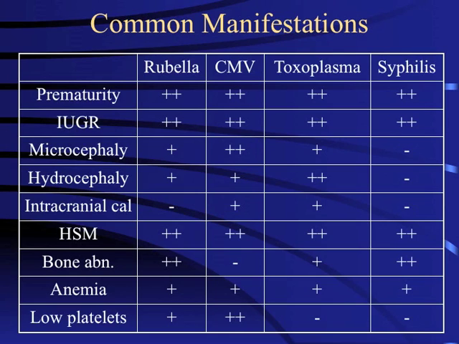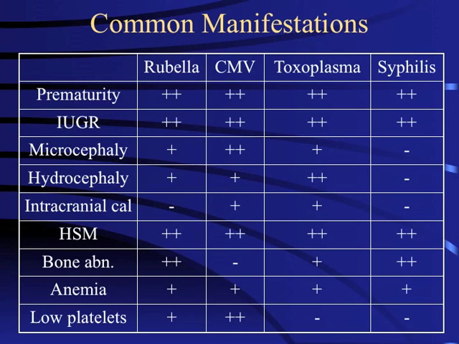As you can see, prematurity is common to the most common ones like rubella, CMV, toxoplasma, and syphilis. Intrauterine growth retardation is also common in most of them. Microcephaly is most common with cytomegalovirus, but you can see it with rubella. With toxoplasmosis, although sometimes you can see microcephaly, the most common finding is usually hydrocephalus.